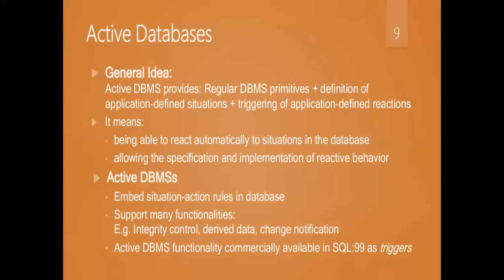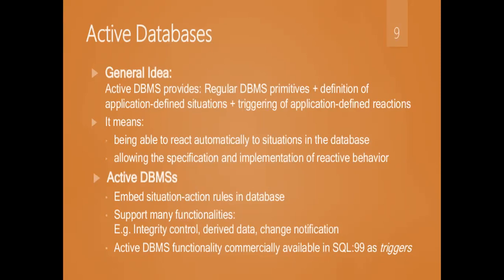So what does it mean? It means that it's going to react automatically to the situation in the database. It's not waiting for the external client to do something. If something happens, what action has to be taken? It won't wait for the external client. It automatically invokes that trigger, that set of rules, and executes it.